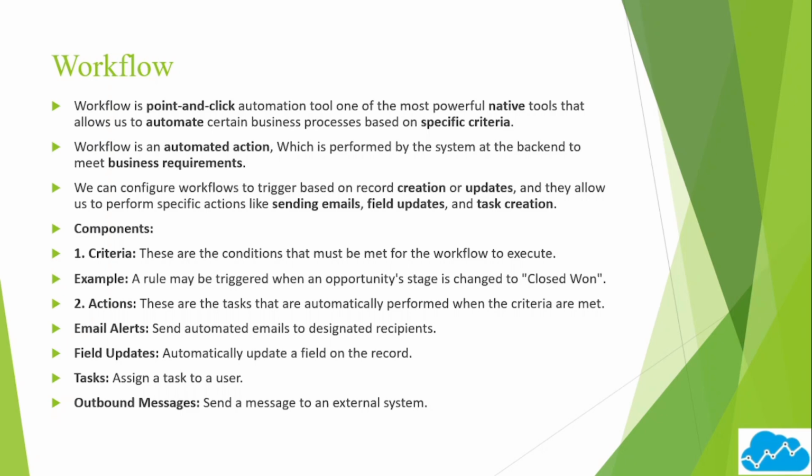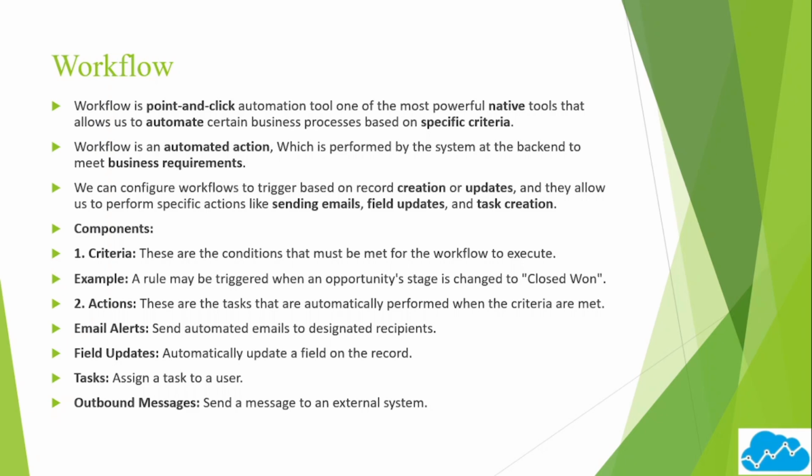For example, a rule may be triggered when an opportunity stage is changed to closed one. So this is the criteria: when the opportunity stage is changed to closed one, then it should perform some actions. After the opportunity stage is changed, it is going to perform an action.